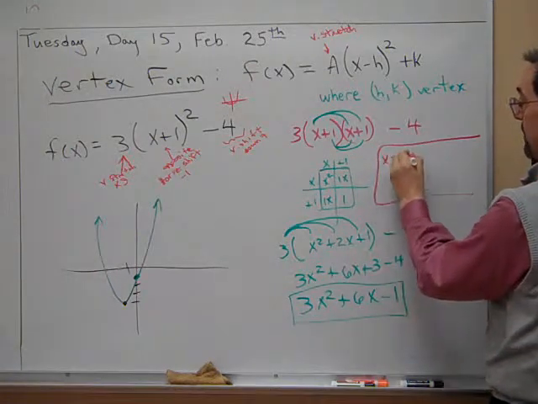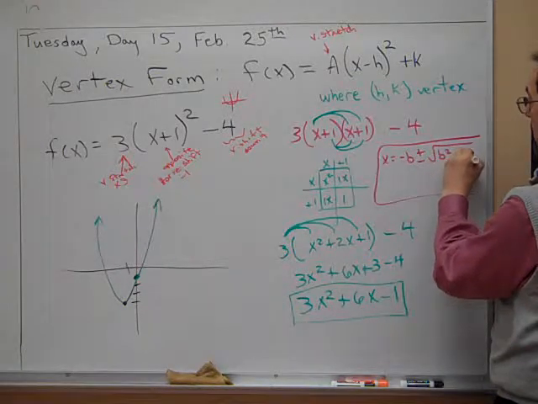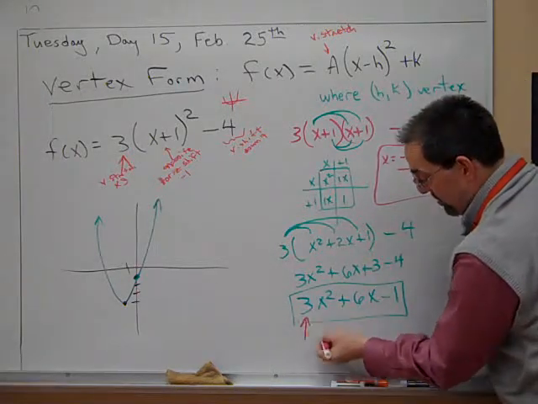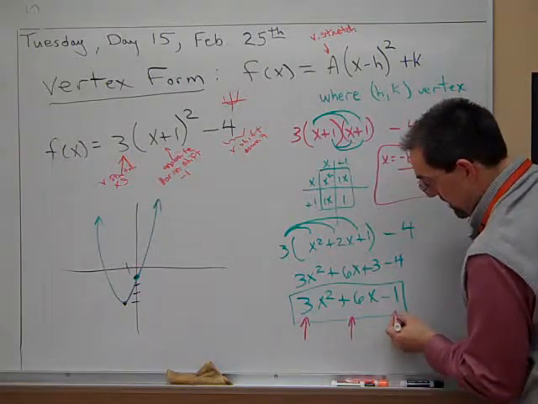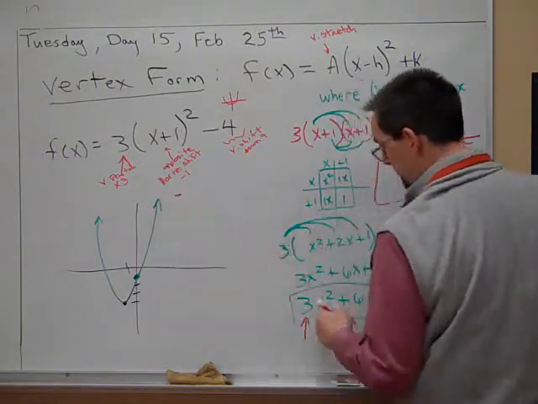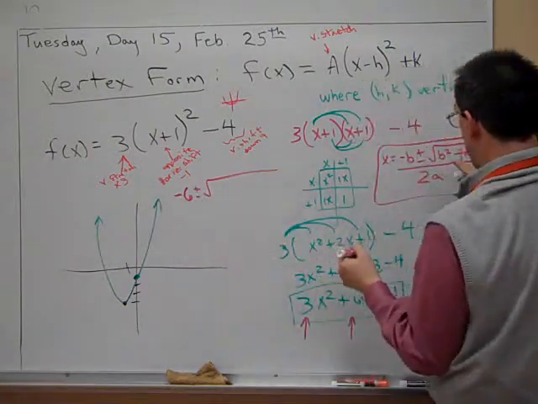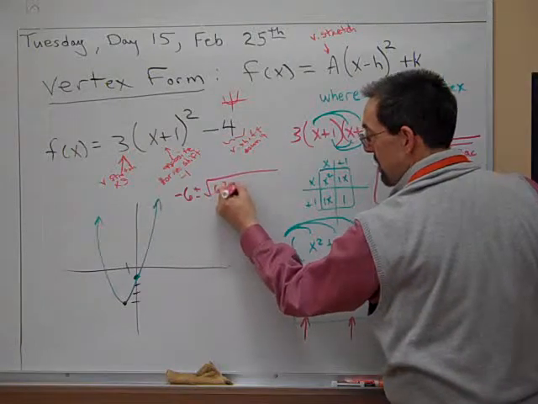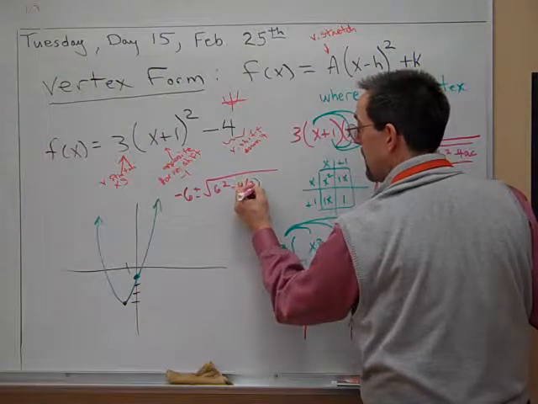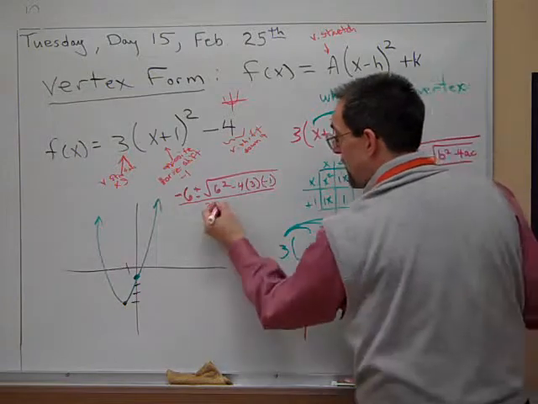The quadratic formula: the opposite of b, plus or minus the square root of b squared minus 4ac, all over 2a. We have our a value, our b value, and our c value. Okay? Let's plug it in. So we have the opposite of b, minus 6, plus or minus the square root of 6 squared minus 4 times 3 times a negative 1, all divided by 2 times the a value of 3.